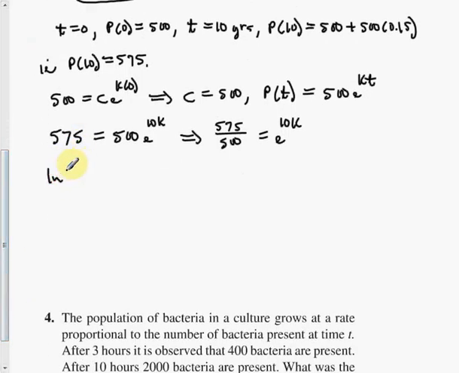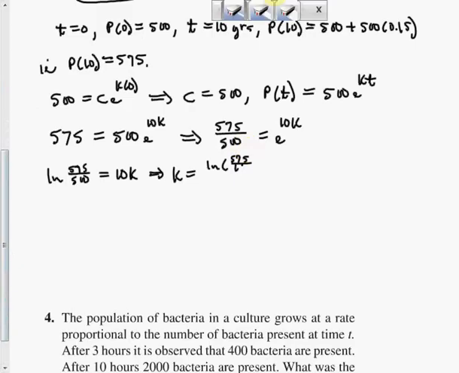So we have the natural log of 575 over 500 is equal to 10 times k. Well, this implies that k is equal to the natural log of 575 over 500, all over 10.